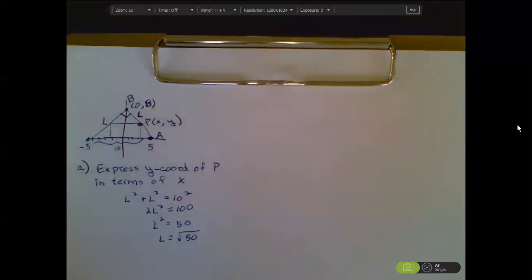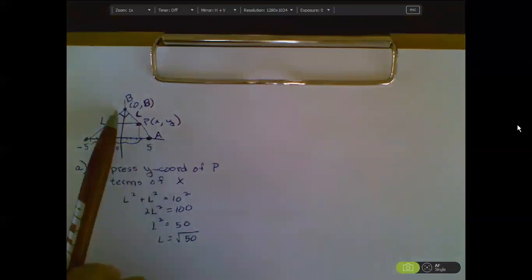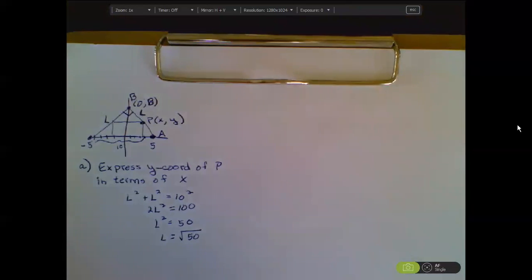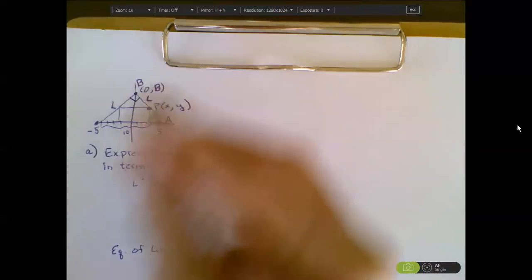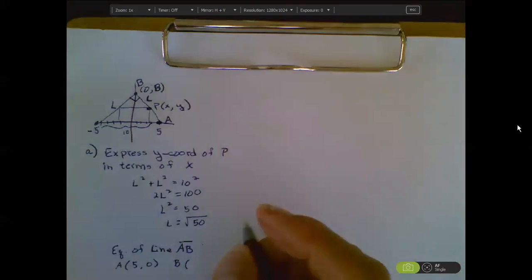All right. So the hint is to find the equation of the line from A to B. Well, the point A, since it's on the x-axis, the y is 0, so the point A is (5, 0), and the point B is (0, b).